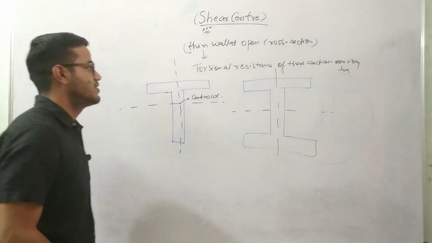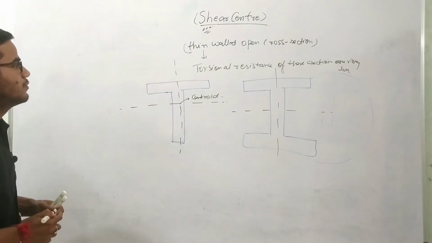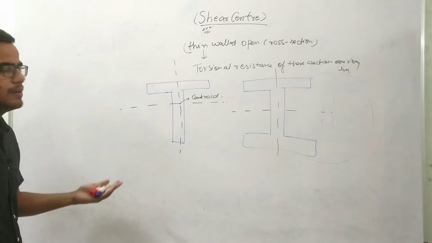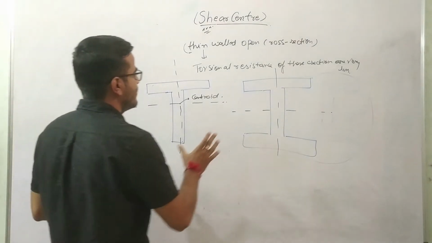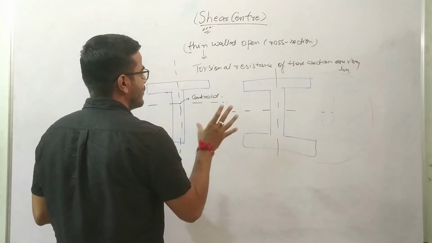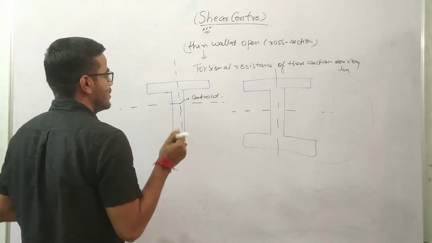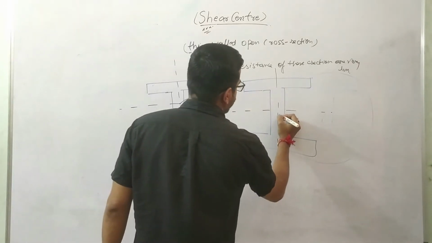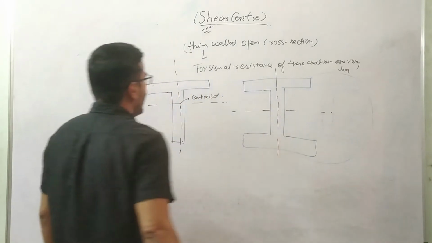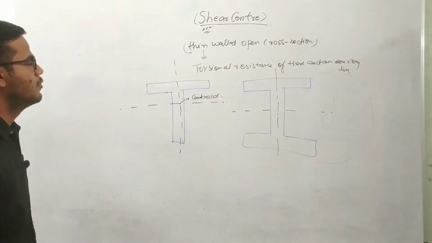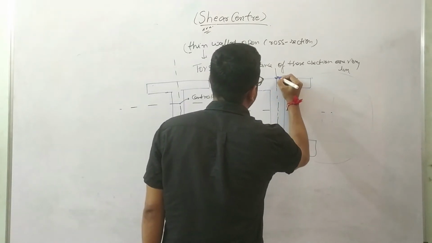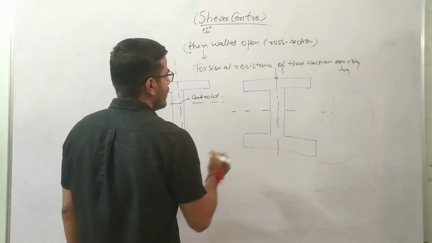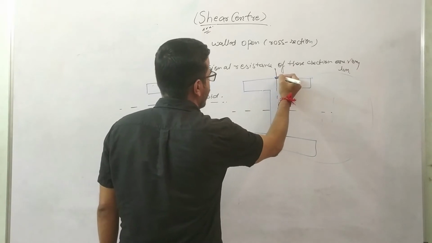These types of structures we studied in the previous lectures, and we didn't talk about shear center, because the shear center of those cross sections is very easy to determine, and the loads are acting along the principal centroidal axis.